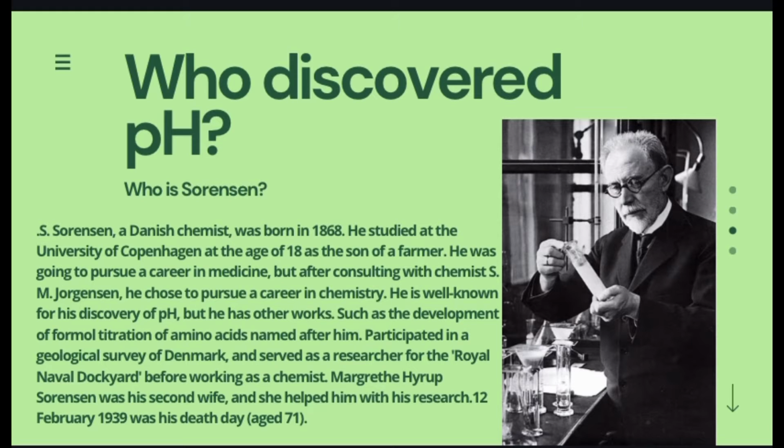His wife, Margrethe Heirup Sorensen, helped him with his research as well, and then he died on the 12th of February in 1939. That was his death day, and he was about 71 years old at that time.